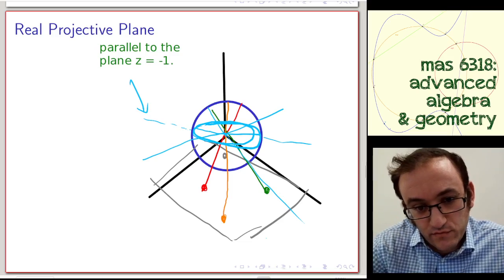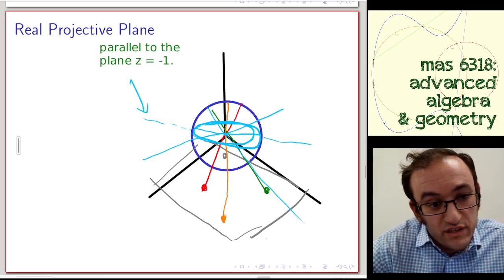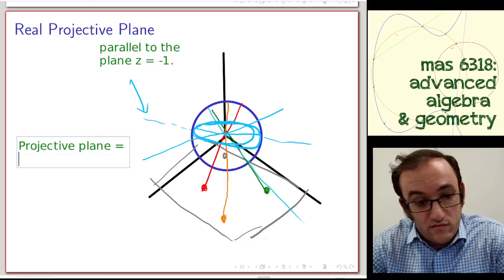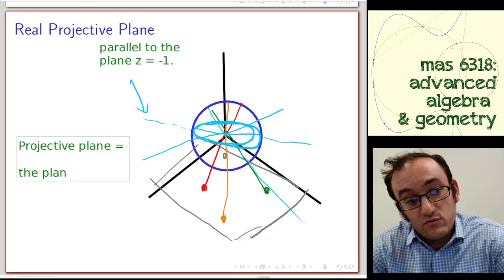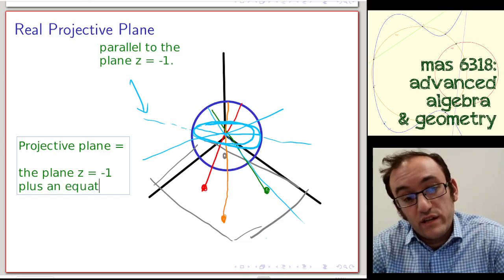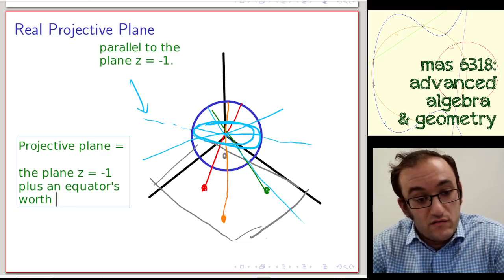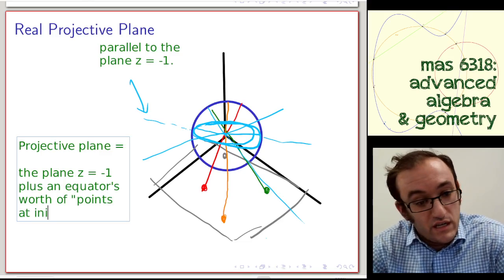So the projective plane ends up looking like all of the points in the plane z equals -1 plus an equator's worth of points at infinity.